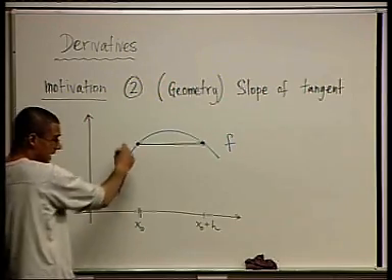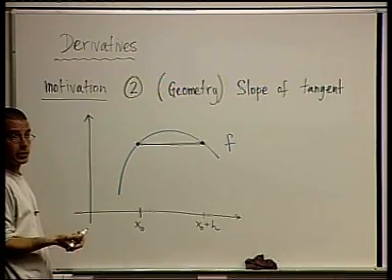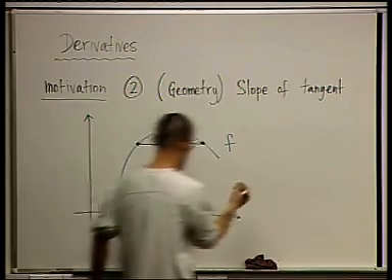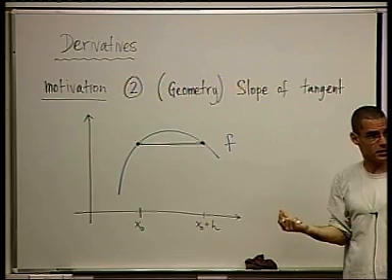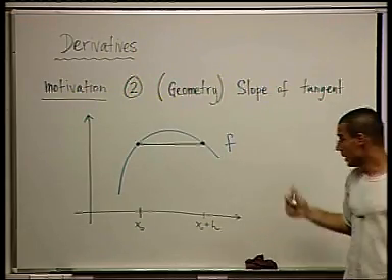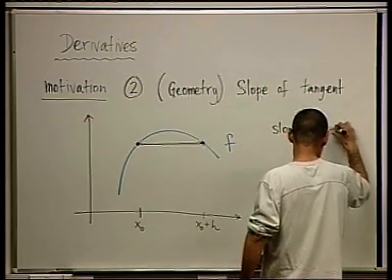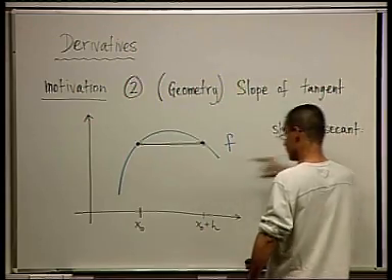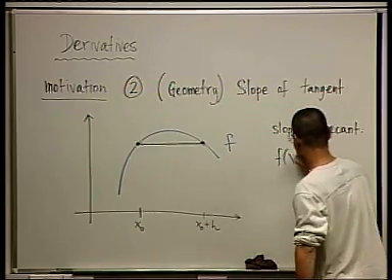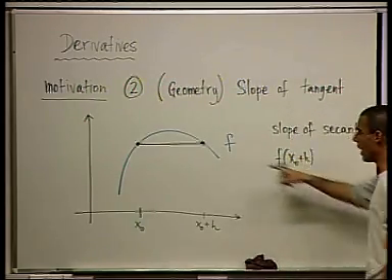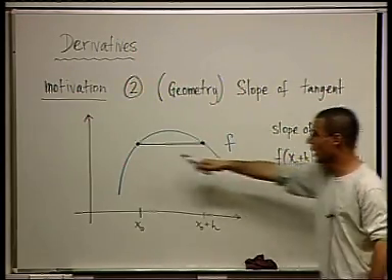And I can easily say what is the slope of the line connecting these 2 points. What is the slope of a line connecting 2 points? It's the difference in the y values divided by the difference in the x values. Do you agree? So the slope of the secant, this line, is f at x0 plus h, that's the y value of this point, minus f at x0, that's the y value at this point.